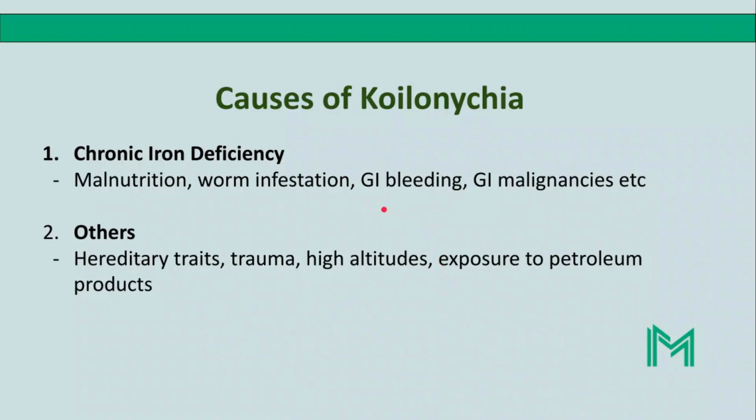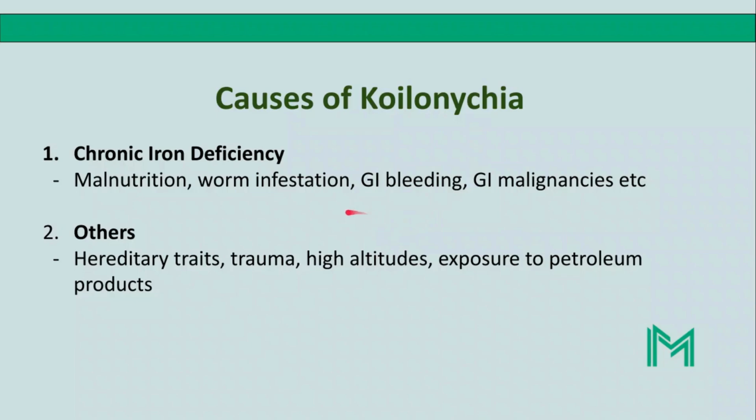Chronic iron deficiency, whether from malnutrition, worm infestation, or chronic bleeding, whether GI bleeding or GI malignancies, will manifest with koilonychia or spooning of the nails. There are other causes like hereditary traits, trauma, high altitudes, and exposure to petroleum products, but we see it more commonly with iron deficiency, and that's very classic.